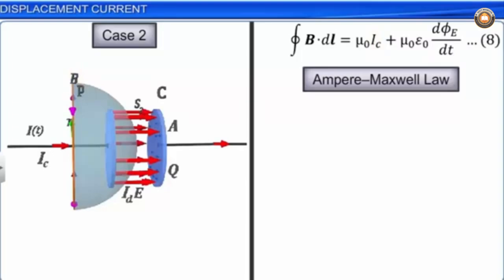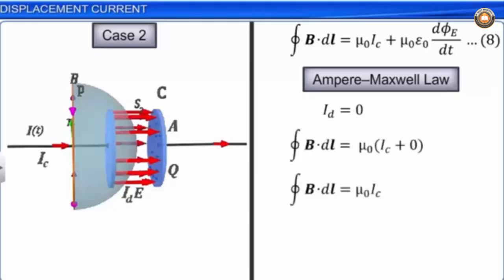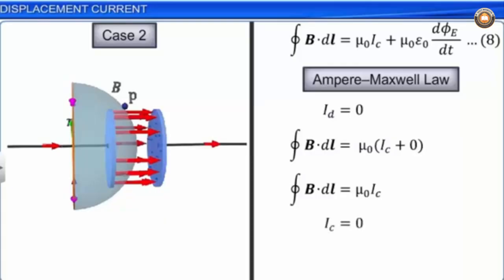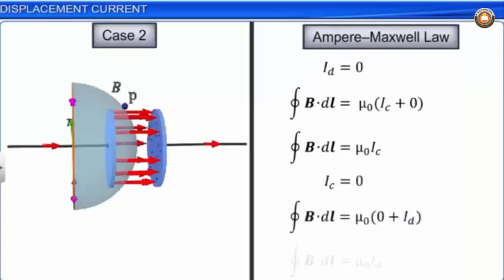If we consider the point P inside the capacitor plates, the source of the magnetic field at that point is only the displacement current, since the conduction current between the capacitor plates is 0. That is, integral over the closed loop B dot dl is equal to mu naught into ID. Even though there is no conduction current at the point P inside the capacitor, there is a magnetic field due to the displacement current, which is due to the time-dependent electric fields.